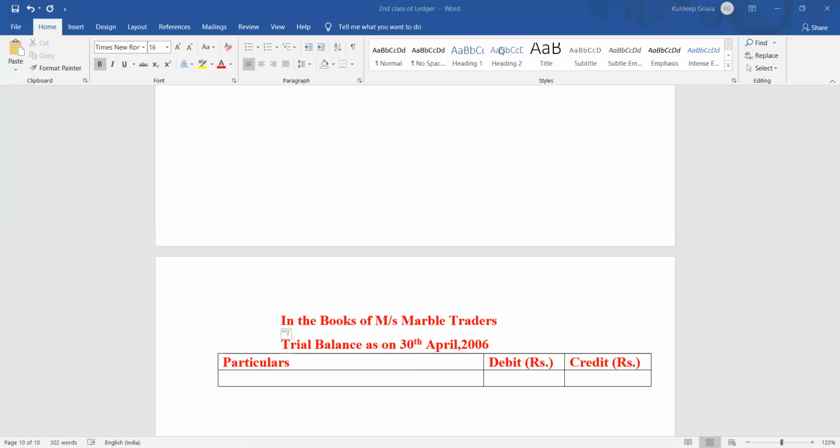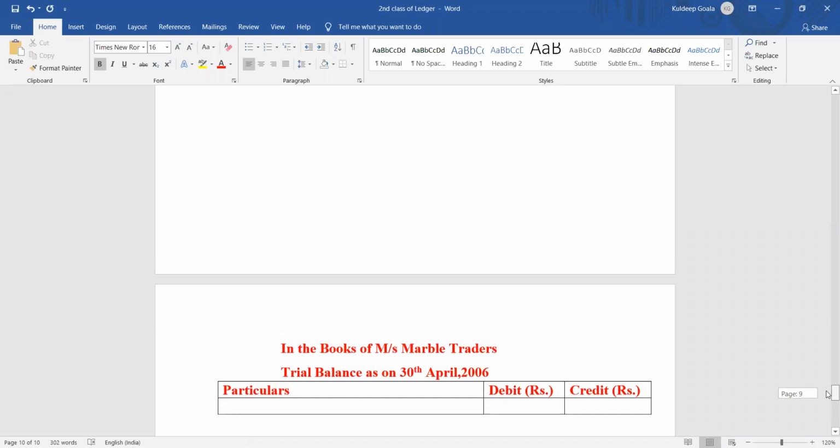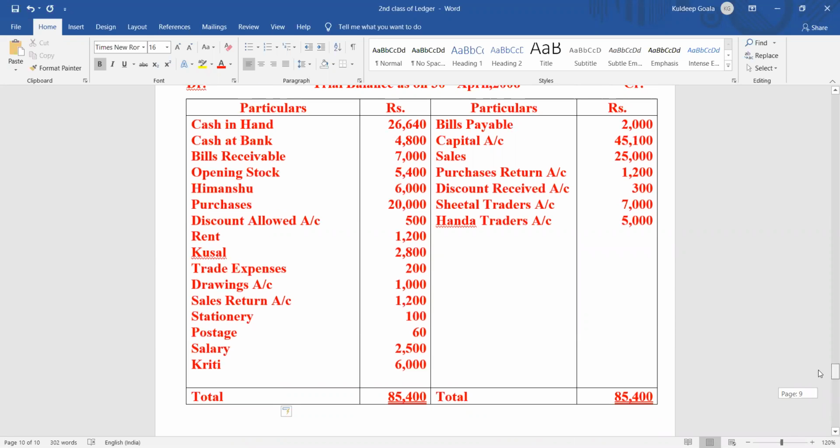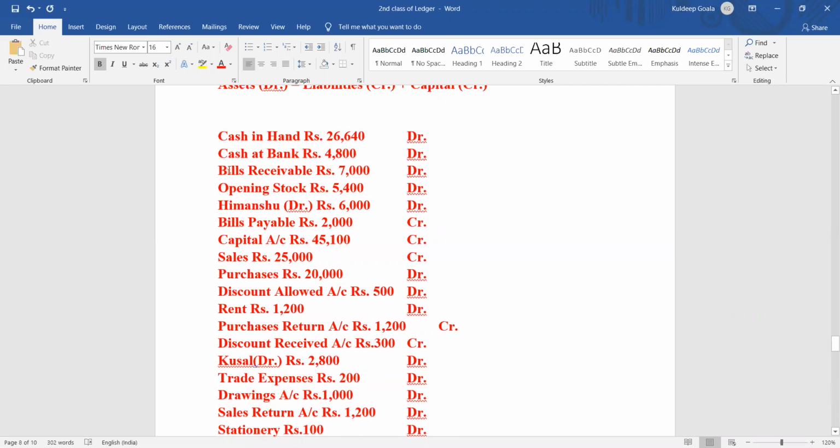You have to prepare it in the statement format, and you have to see how we show it in the statement format. All the items one by one you place in the particulars, and if it goes in the debit side, it will go in the debit side. If it is going in the credit side, it will go in the credit side.